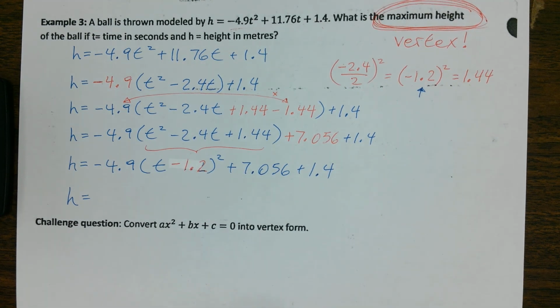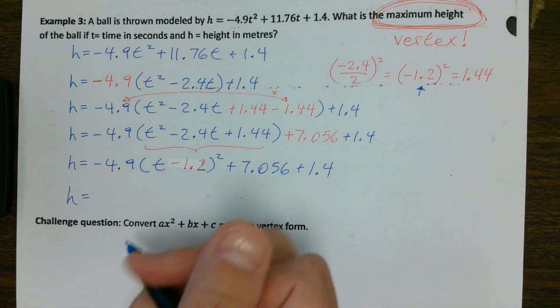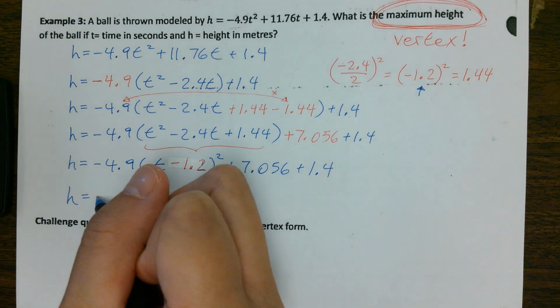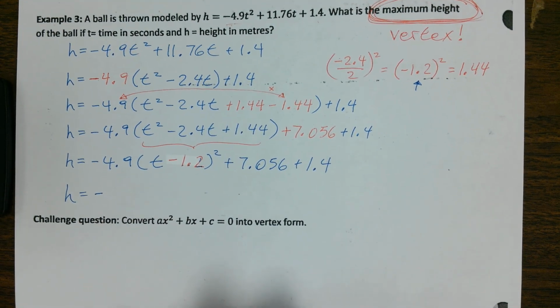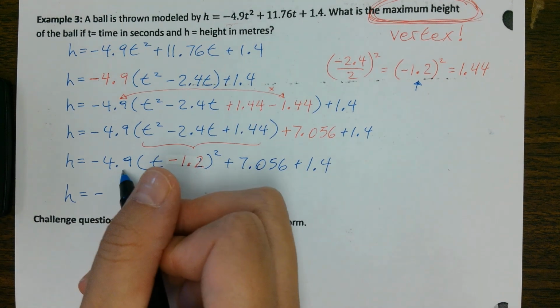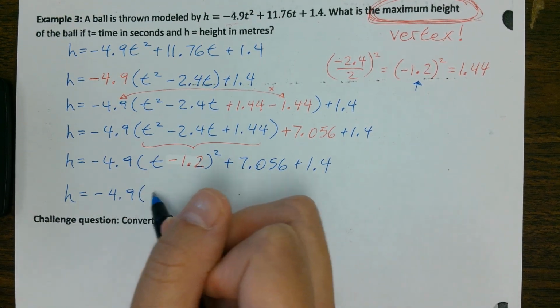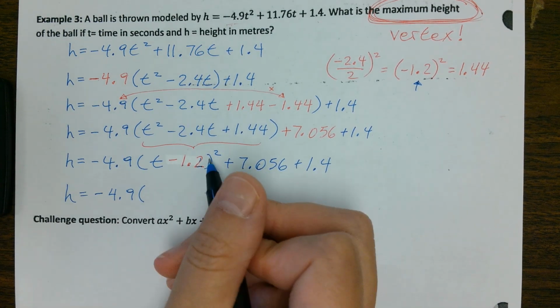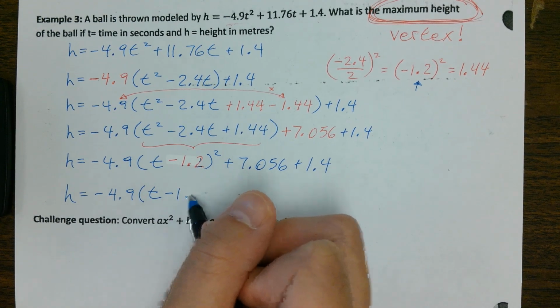And then finally, we have h equals. Let's see, who can give me my final answer? Daniel, you want to try telling me my final answer? Right, so negative 4.9. Okay, so this part is done, so I'm just going to copy it right down.